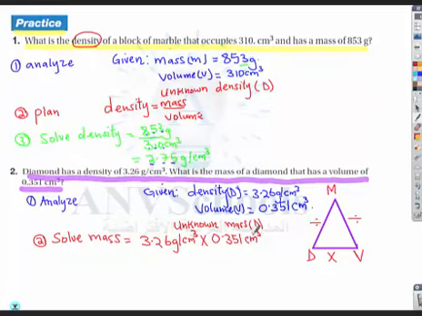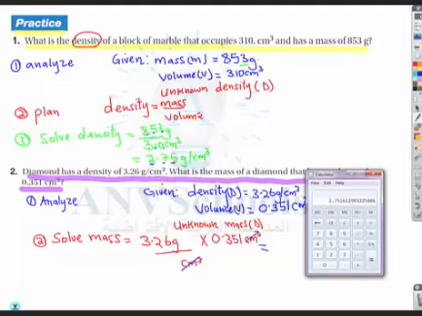So what do we get here? Now the cubic centimeters and cubic centimeters will cancel, so the answer that we will get will be in grams.